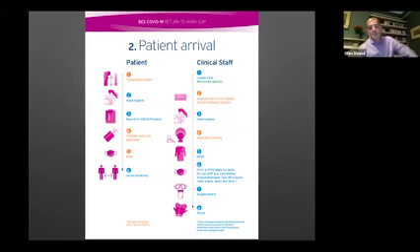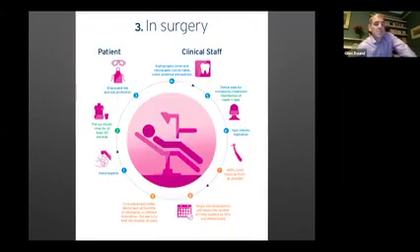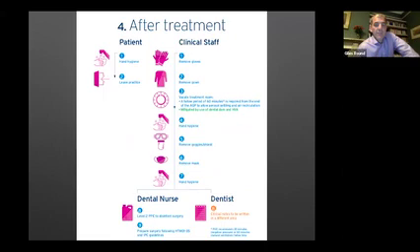We've got these up in some of our surgeries. This is the surgery one and how the surgery flow works, and then the after-treatment one for patient and clinical staff. Just a really easy to understand and really well written document.